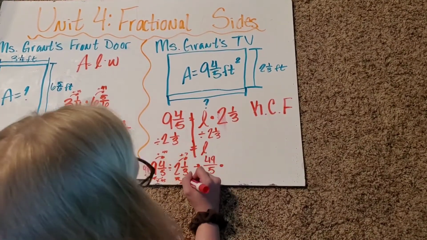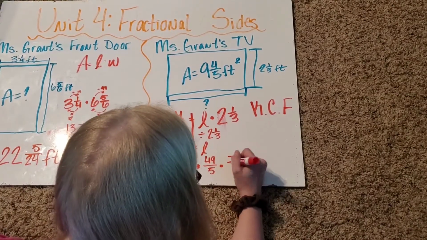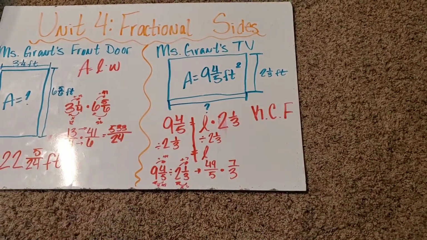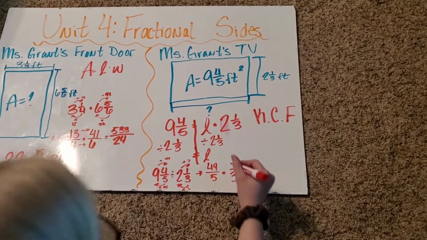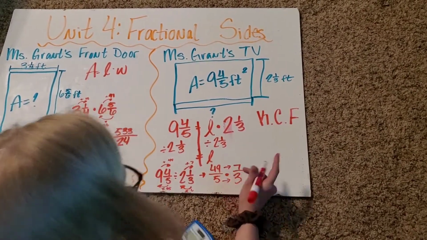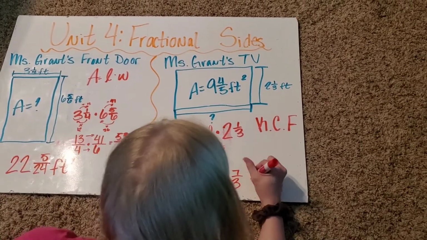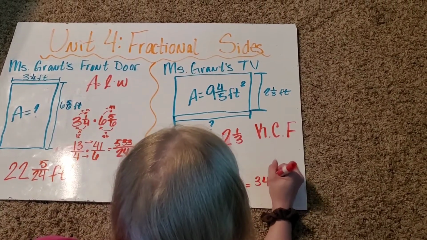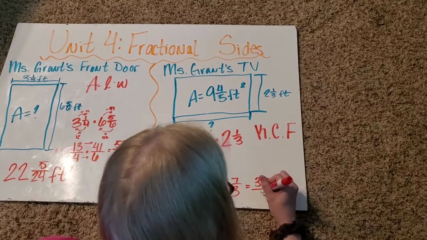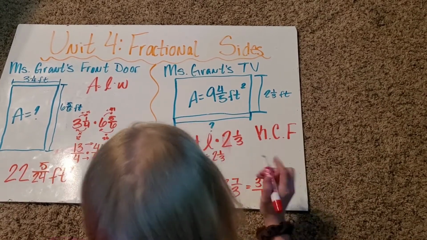Plus 1 is 7. So this is 7 thirds. All right, now I'm going to multiply across. 49 times 7 is 343. 5 times 3 is 15.